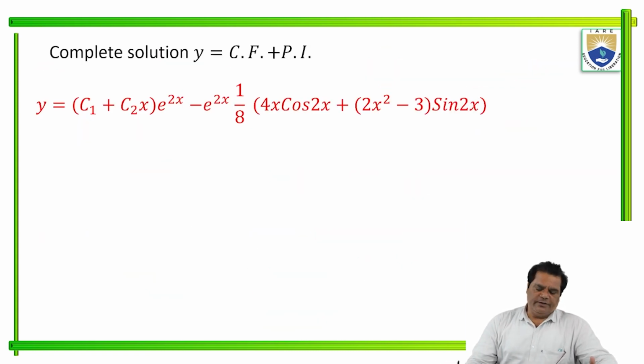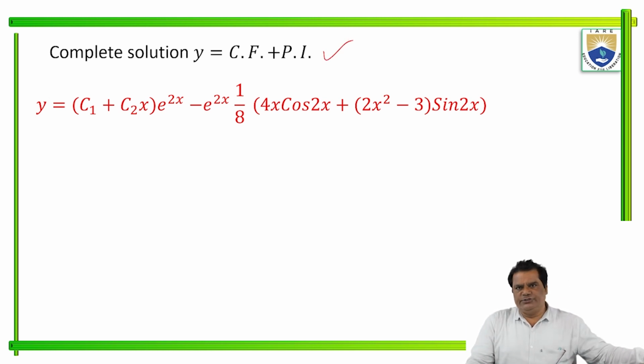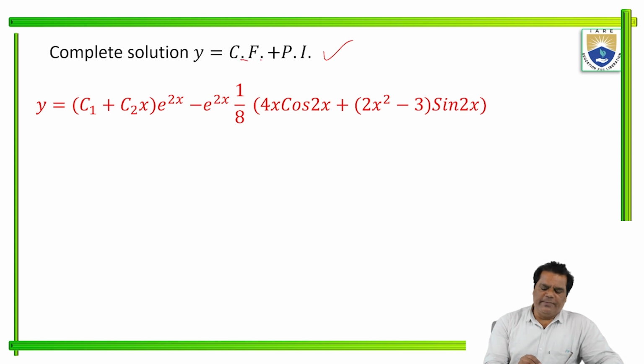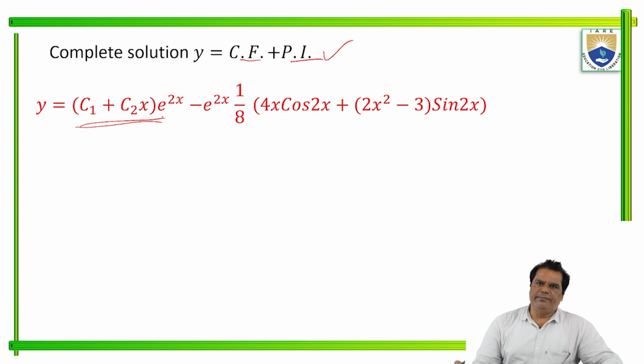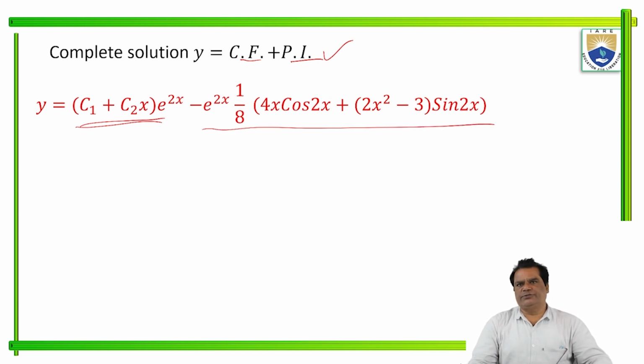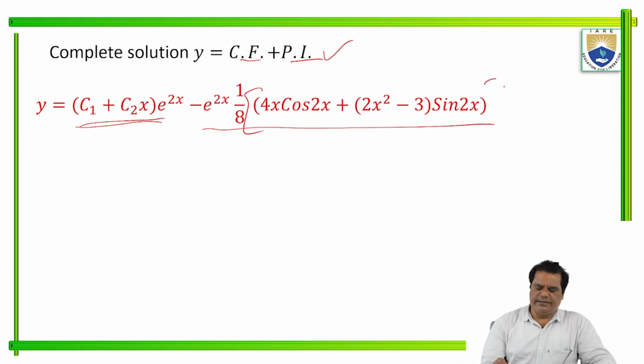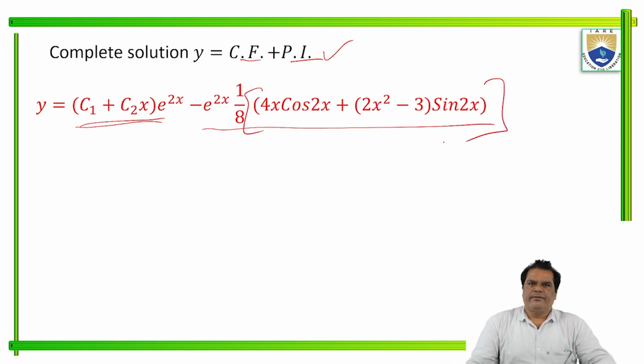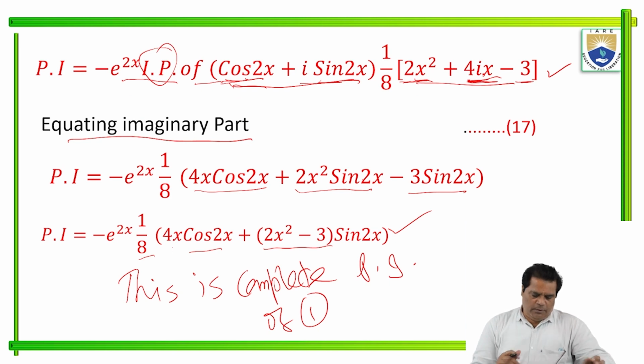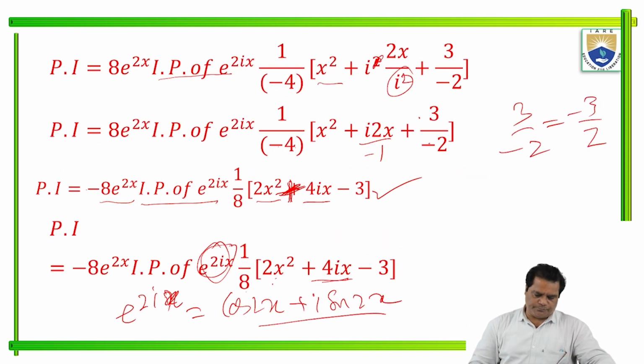Complete solution: y is equal to CF plus PI. This is the formula, y equals CF plus PI, complementary function plus particular integral. So y is equal to this complementary function and this particular integral. So this is the complete solution. This bracket I am writing here. And in our question, 8 is also multiplied.